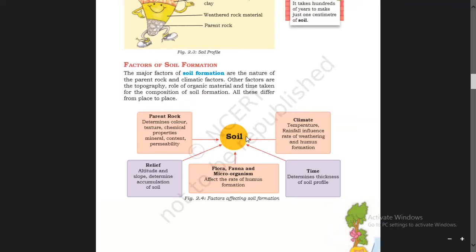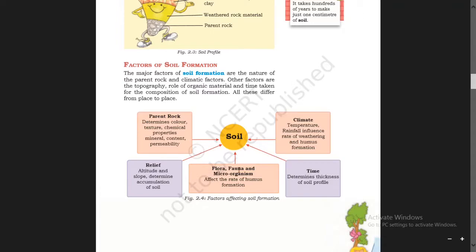To form soil, you see, parent rock determines color, texture, chemical properties, mineral content, permeability. Then down one, relief, that is altitude and slope, determine accumulation of soil.